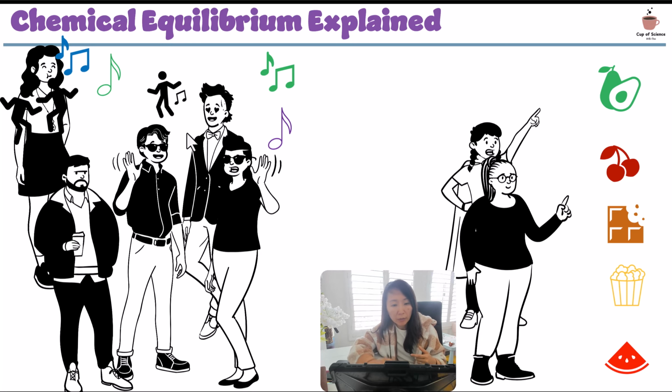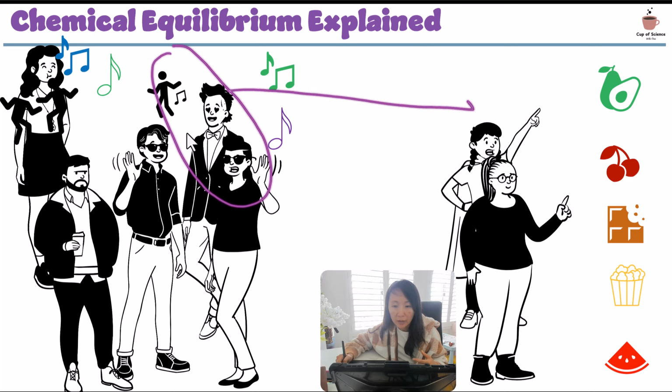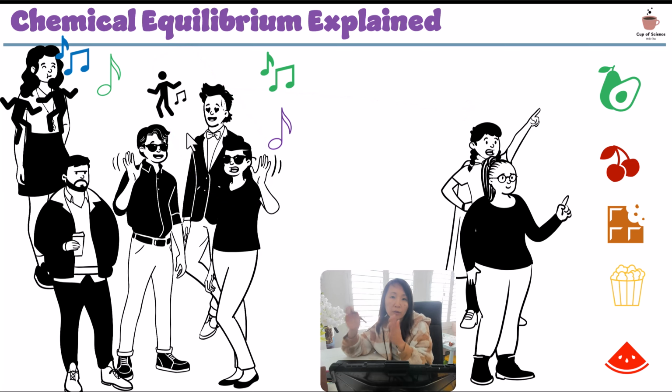If 3 of the people, say these 3 guys, leave and go to this side, and there's a total of 5 on the right and 5 on the left, it does not mean it is at equilibrium just because there is the same amount of people there. It's that if 2 people go there, then 2 people must come here. And that needs to happen at the same time. And that is how equilibrium works.